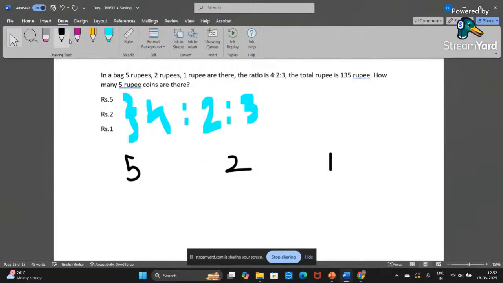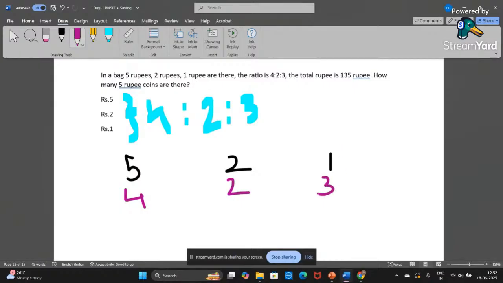In a bag, there are 5 rupees, 2 rupees, and 1 rupee coins in the ratio of 4:2:3. The total rupees is 135. See, there are 5 rupee coins in the ratio of 4, 2 rupee coins in the ratio of 2, and 1 rupee coins in the ratio of 3.